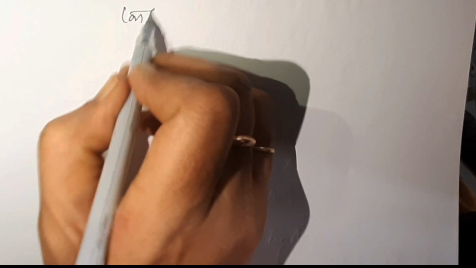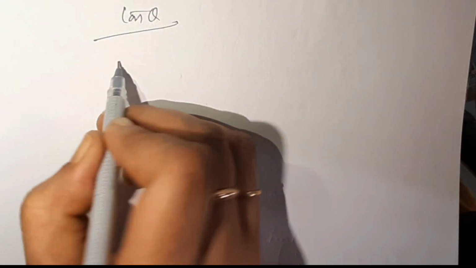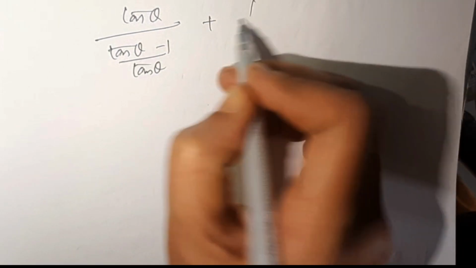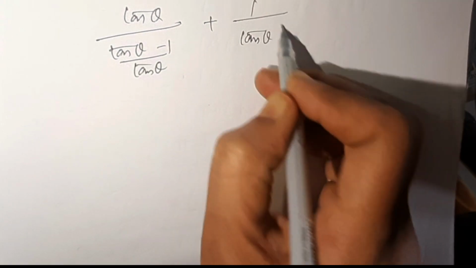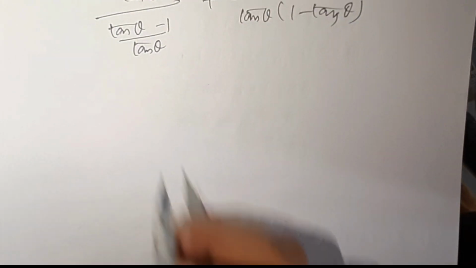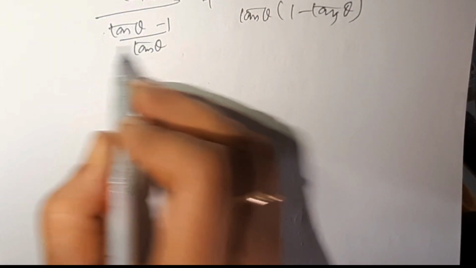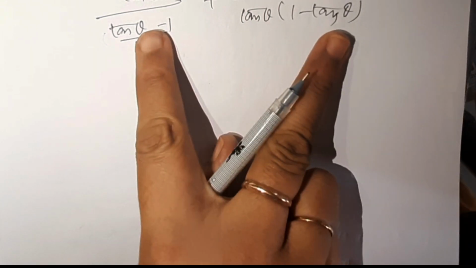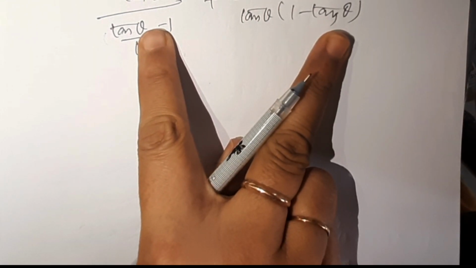Now we can take the LCM. So here taking the LCM tan theta, so tan theta multiplied by (tan theta minus 1). Now 1 upon tan theta, (1 minus tan theta). Now we can see here tan theta minus 1 is there, whereas here 1 minus tan theta. We can take minus common to make both the units equal, so that we can take the LCM easily.